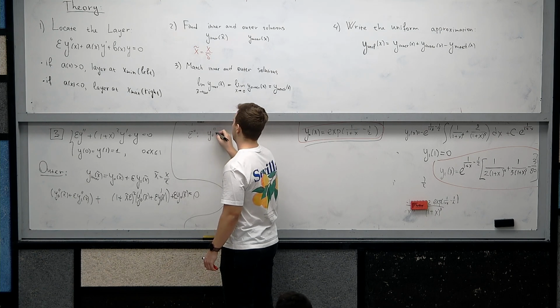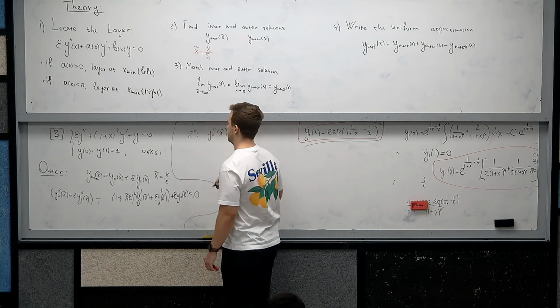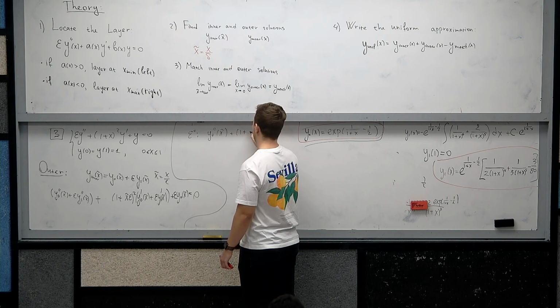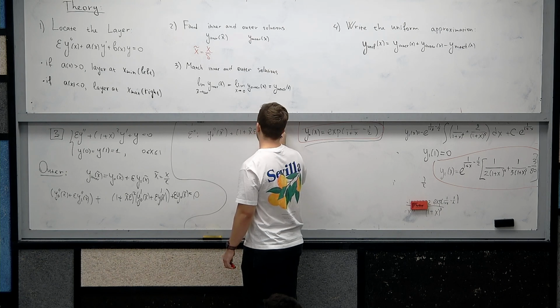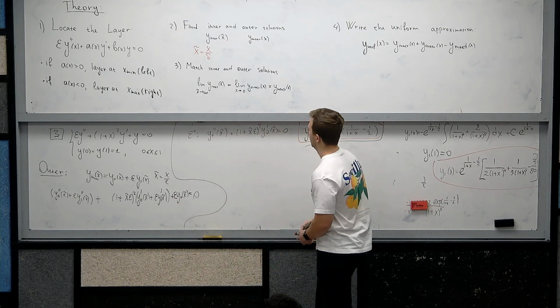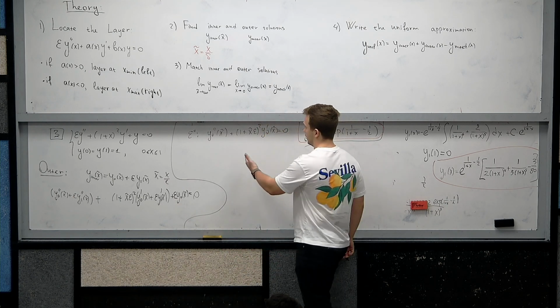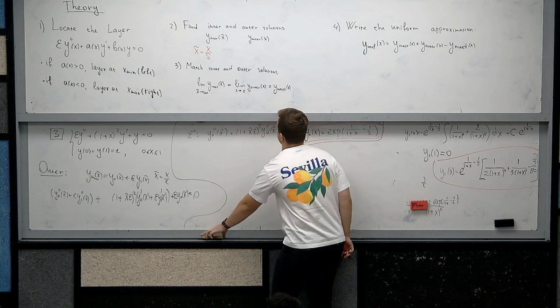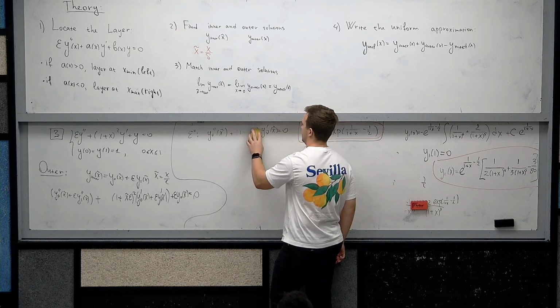So y naught double prime of x tilde plus 1 plus x tilde epsilon squared times y naught prime of x tilde equals 0. And again, the leading order approximation here will be just 1. Okay, that's why I can erase it.